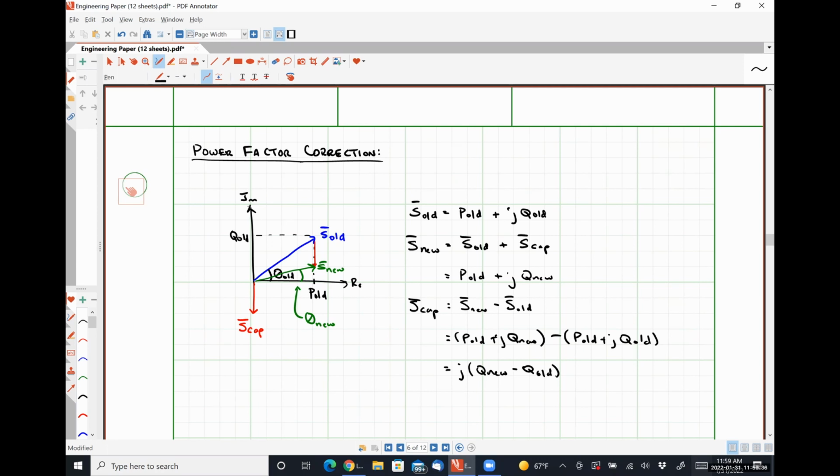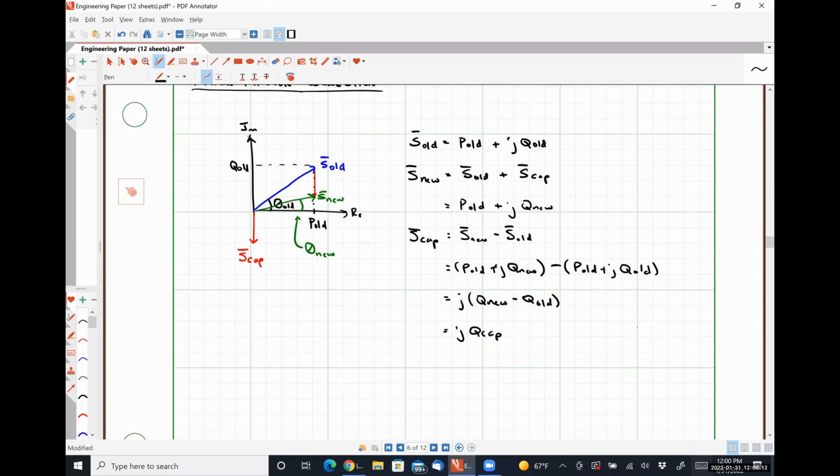This quantity will always be negative. Okay. Because the whole point is that after our power factor correction capacitance has been applied, the imaginary part, jQ or Q new, is smaller than what it used to be. So that quantity is always negative. We can call this simply jQ cap.